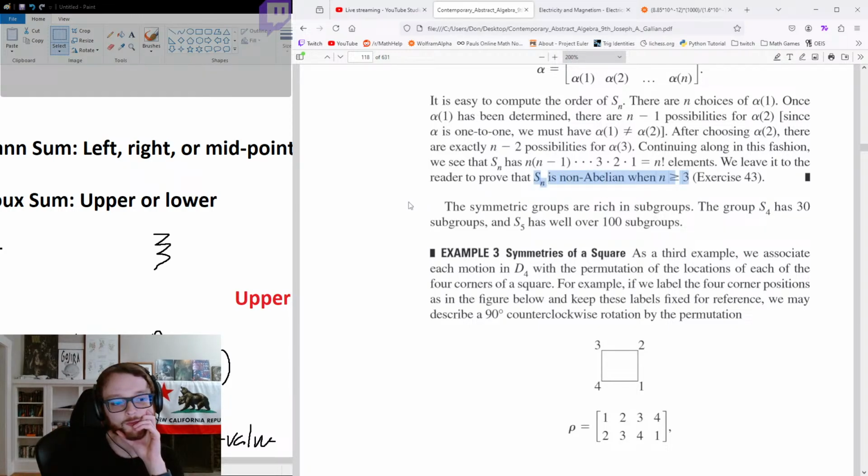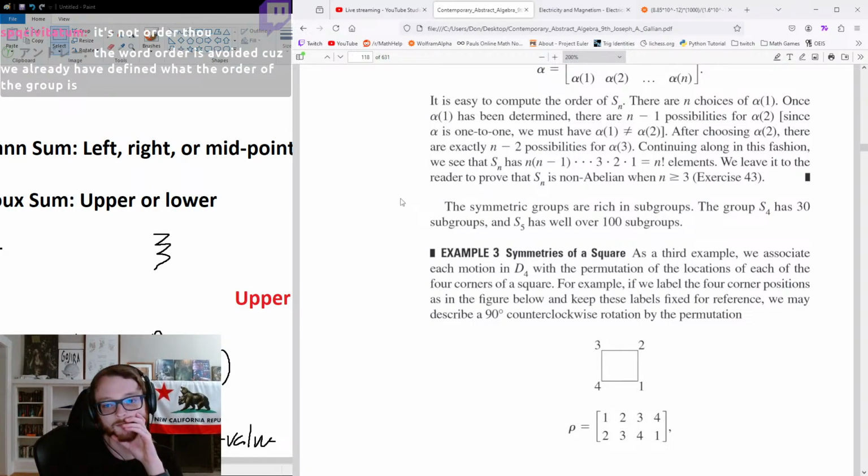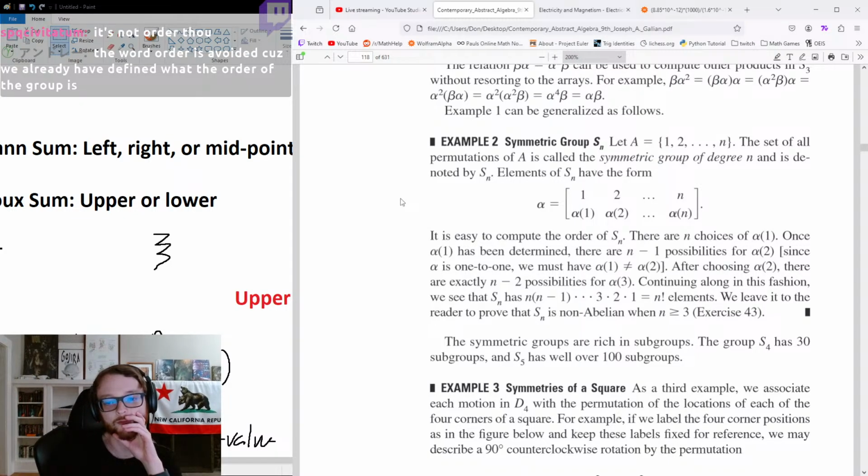I thought there was some kind of discussion that a group of order 3 has to be abelian. Oh, n is the degree.